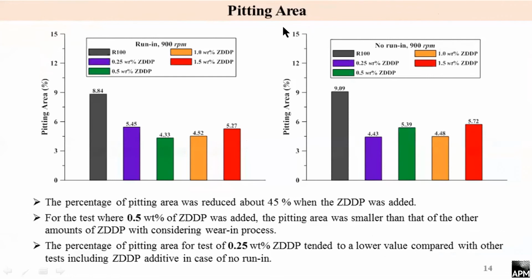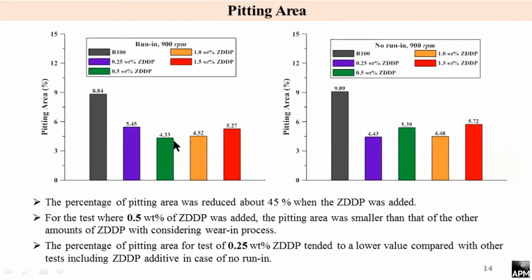This is the pitting analysis result for running-in and non-running-in cases. What we can observe here is that the percentage of pitting area is reduced by about 45% when the ZDDP additive is included in the test.